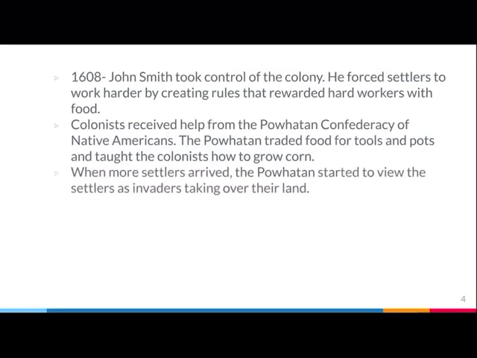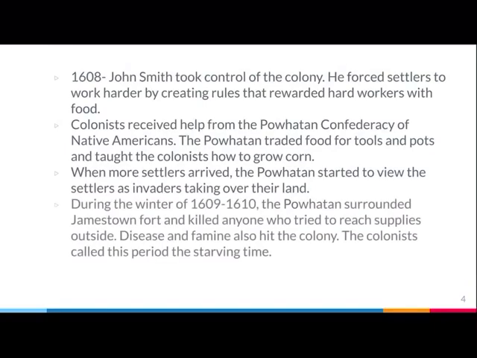However, when more settlers arrived, the Powhatans started to view the settlers as invaders taking over their land, right? As more of these colonists started to arrive here in Jamestown, the Powhatans are like, okay, they're not stopping. They're coming and they're taking over and they're invading our land.